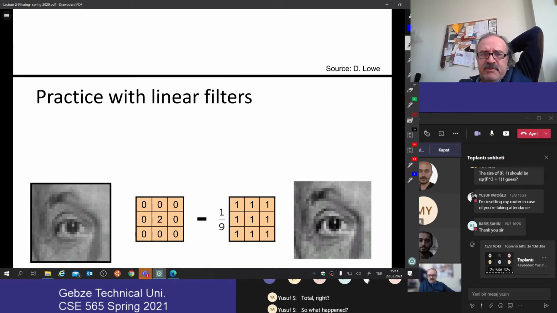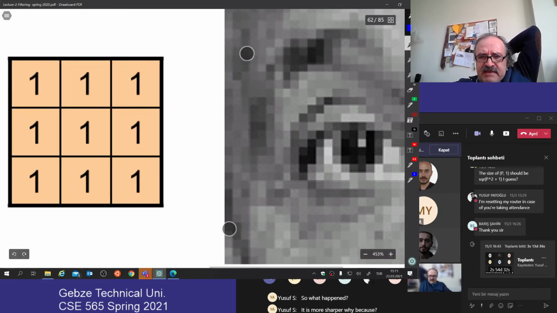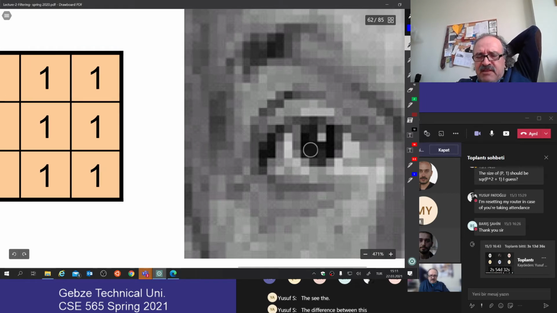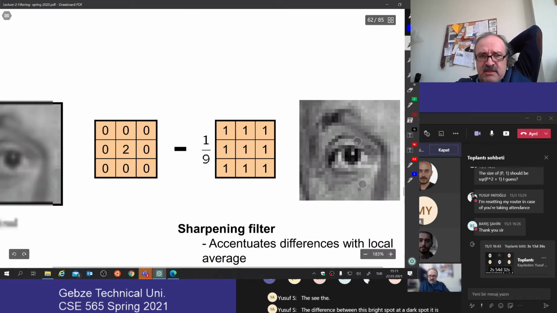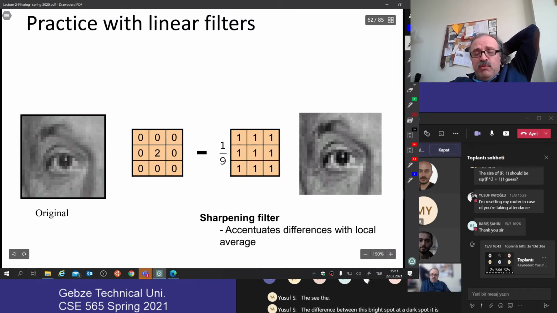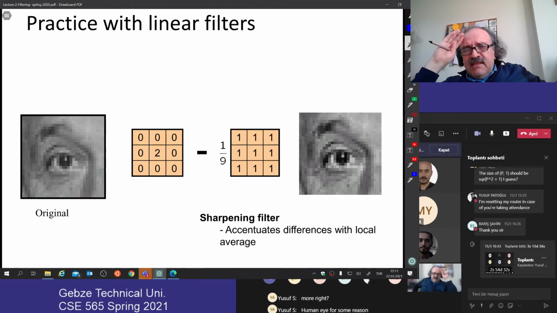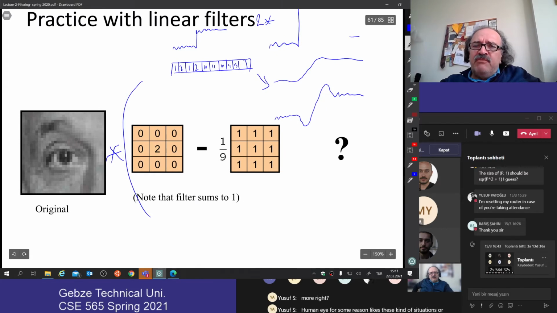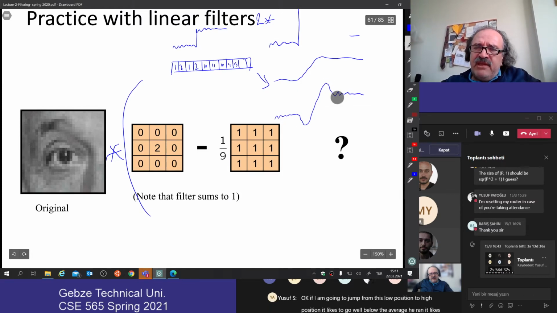So what happened? It is sharper. Why? Because the difference between this bright spot and the dark spot is more, right? The human eye, for some reason, likes these kinds of situations, okay? If I am going to jump from this low position to a high position, it likes to go well below the average here, and it likes to go well above that average.